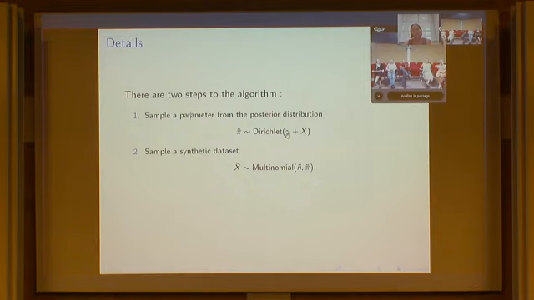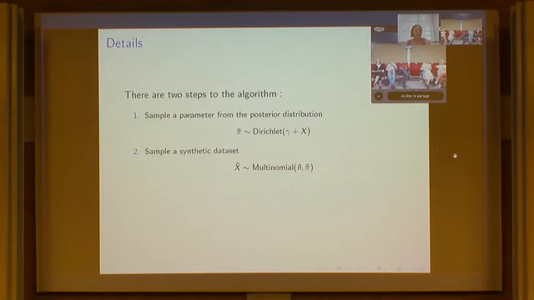My prior was a Dirichlet gamma, and the posterior is simply a Dirichlet gamma plus x. So I sample a parameter from this posterior, and then I sample a synthetic data set from the multinomial distribution with this newly sampled parameter, pi tilde. Note that this is a little more general: I don't need n tilde to be the same as the n I had before. I could create a synthetic data set with a different sample size, but in general we use n tilde equal to n.